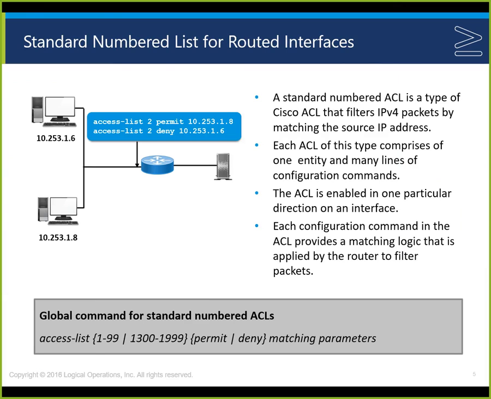So a standard list filters IPv4 packets by matching the source IP address. Each ACL of this type comprises one entity, many lines of configuration commands. Yeah, we saw that, many lines. ACLs are enabled in one particular direction on the interface, inbound or outbound.